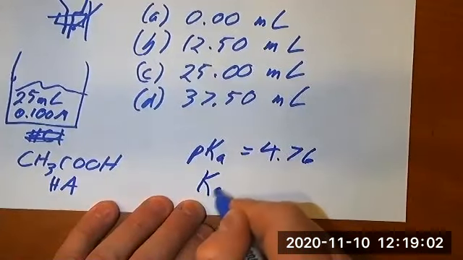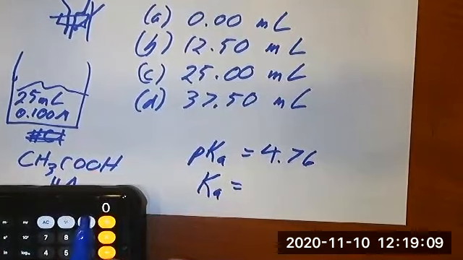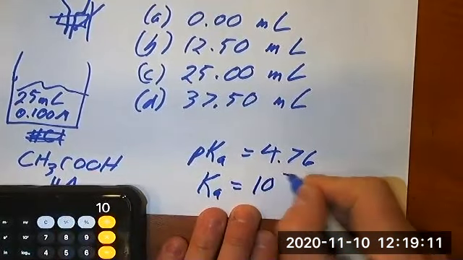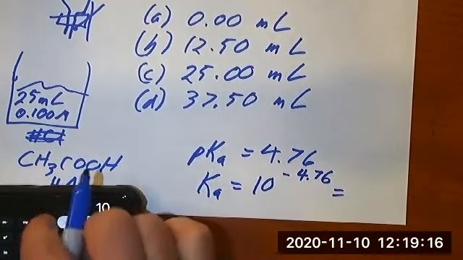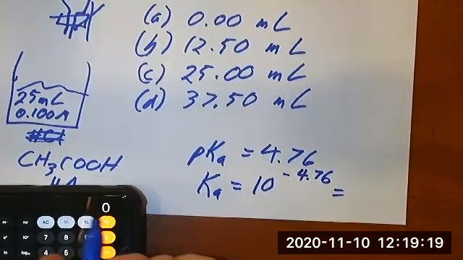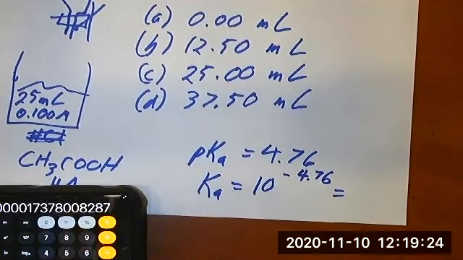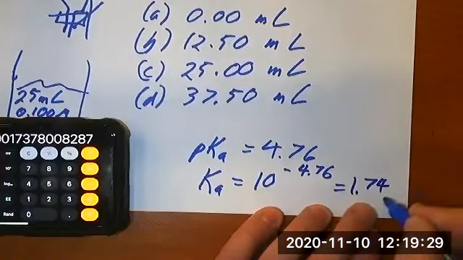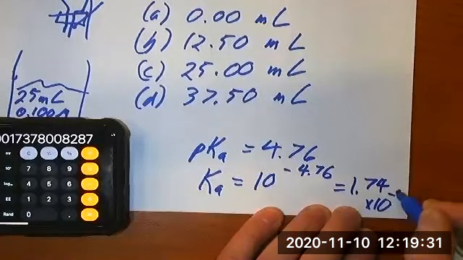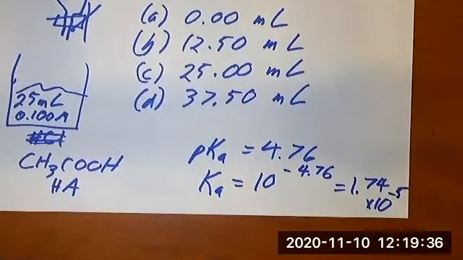And so our Ka is going to be 10 to the negative 4.76, which equals, let's do here, 4.76, change sign, 10 to the x, and we get 1.74 times 10 to the negative 5th. Okay, so that's the information we're going to use.